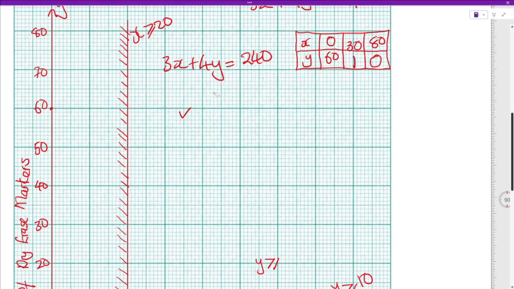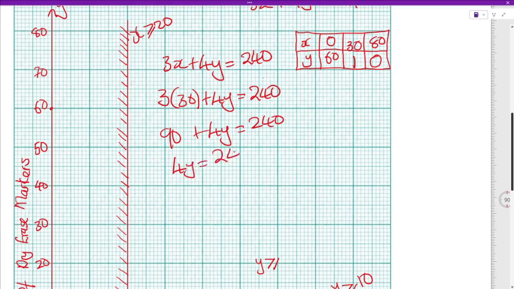So remember, these values are randomly picked, so some of them will give you tougher values, or values that are a bit hard to plot. So we're now testing that x is 30, so 3x plus 4y is equal to 240. Okay, 3 times 30 is 90, plus 4y is equal to 240. So the 4y remains on the left, the 90 crosses, we subtract.